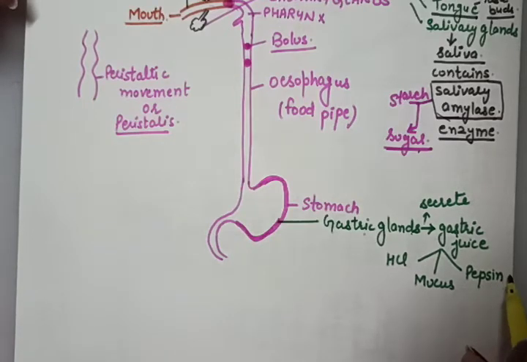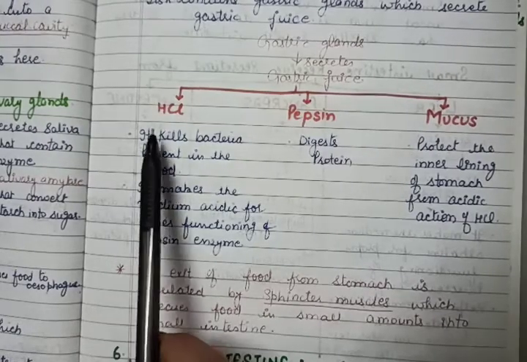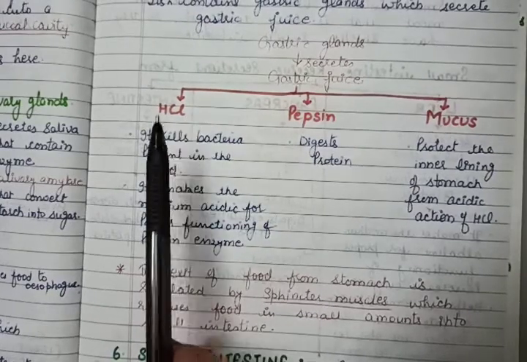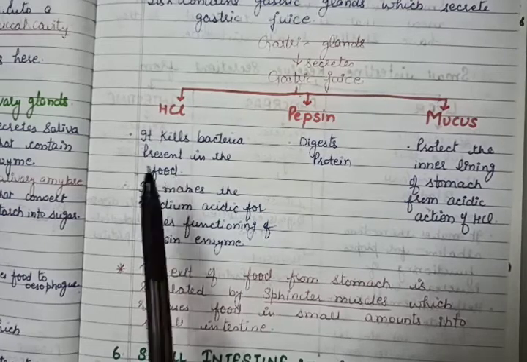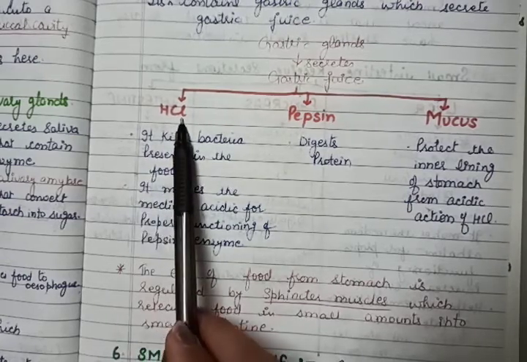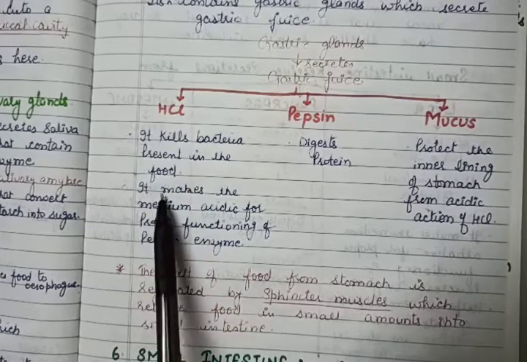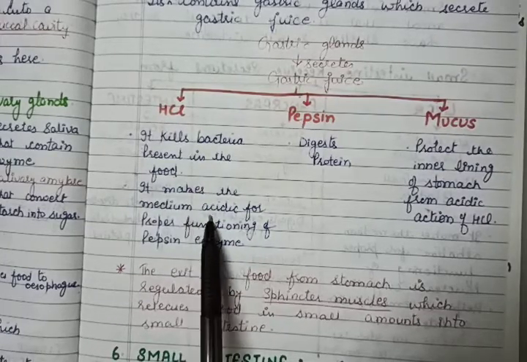Okay, now we will do the function of these three main components of the gastric juice. See here, what is the function of HCl? It kills the bacteria present in the food. Second, it is acidic in nature. It is hydrochloric acid, so it makes the medium of the stomach acidic.